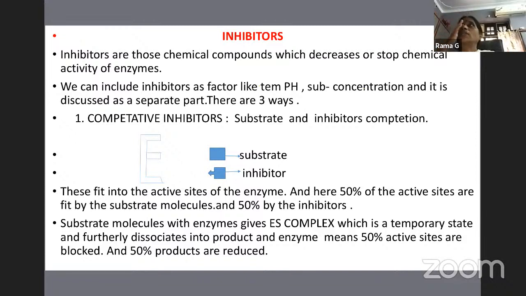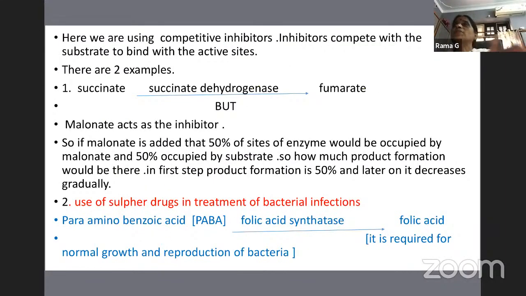The temporary enzyme substrate complex further dissociates into product and enzyme. So in this way, the competitive inhibitors occupy 50% of the active sites of the enzyme, and the end product formation gradually decreases.